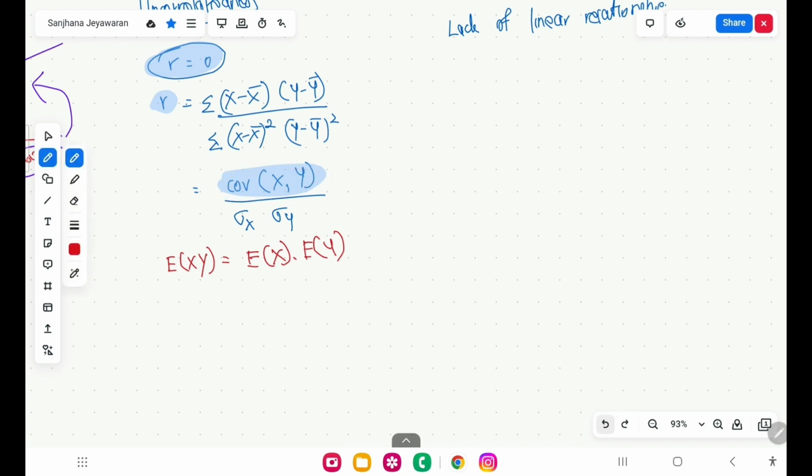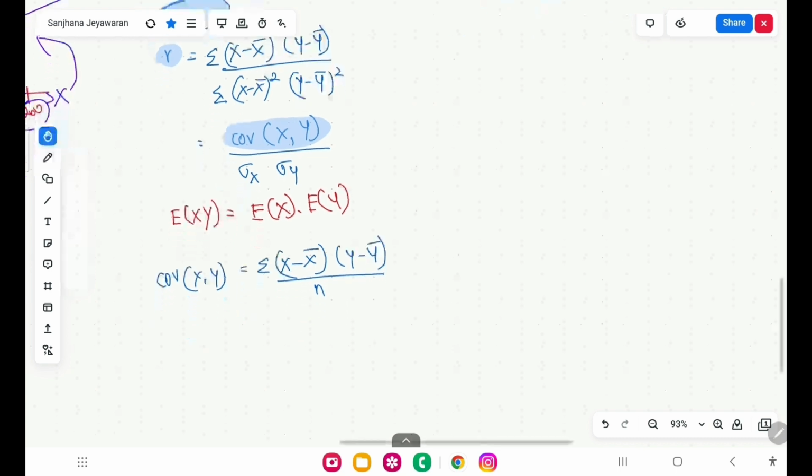If we remember the formula for covariance, how do we write covariance of x and y? It is the sum of x minus x bar, y minus y bar, divided by, depends. If you are finding sample covariance, you divide it by n minus 1. If it's population, n. So I'm just writing n.